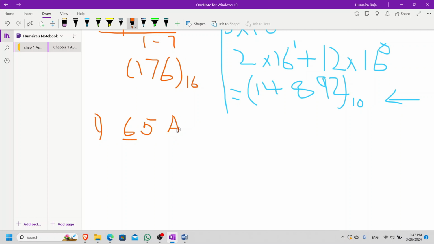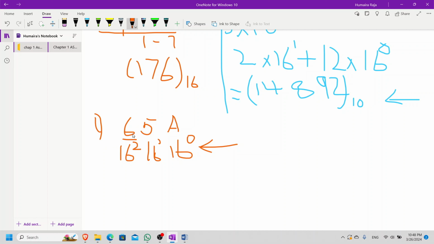As we know, in a hexadecimal number, we have to multiply each digit by powers of 16. So this weight is 16 raised to power 0, starting from this direction, 16 power 0, then 16 power 1, and this is 16 power 2, right? So what is the weight for 6?